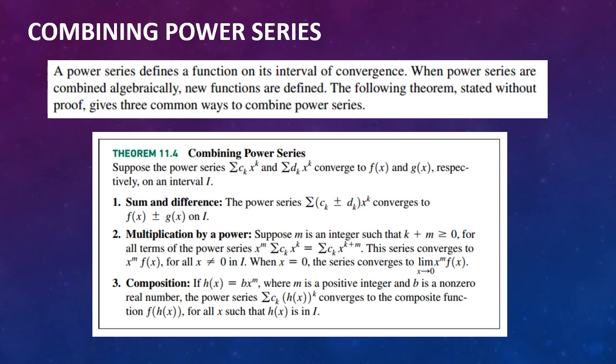Let's look at the third one, composition. If h of x equals b times x to the m, where m is a positive integer and b is a non-zero real number, the power series, the summation of c sub k times h of x to the k, converges to the composite function f of h of x for all x such that h of x is in I. Okay? So here what they're doing is a composite function where we have a function inside of a function.